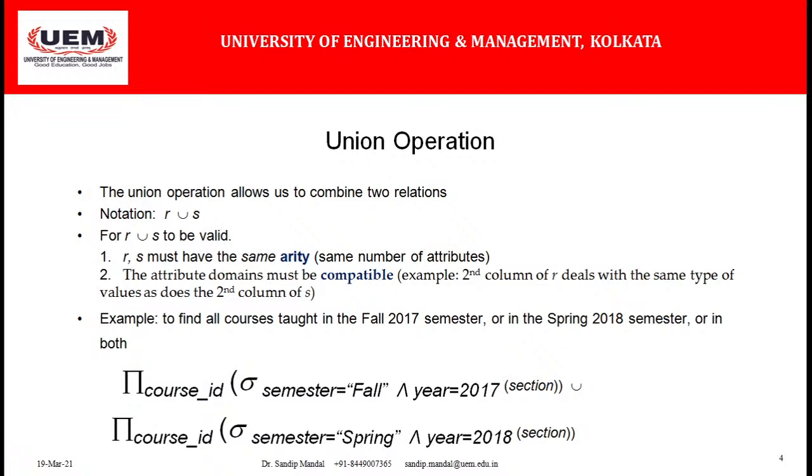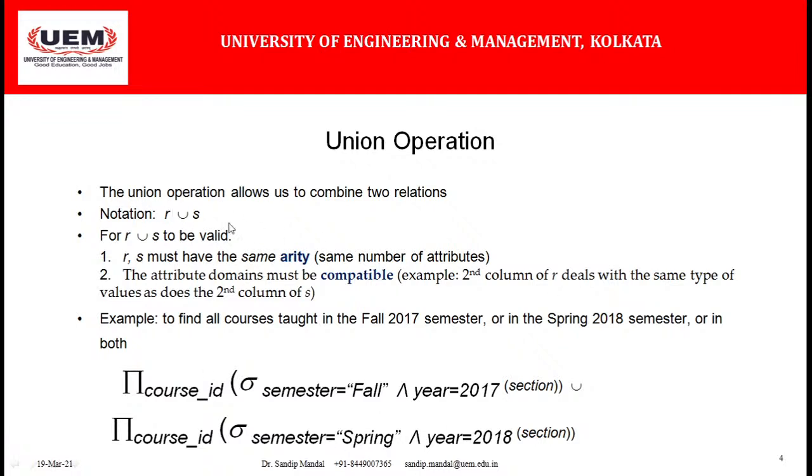In the union operation, the meaning is combining two relations, and the notation is R union S. Before that, for natural join we used R join S, and here we use R union S. That is the notation for union.